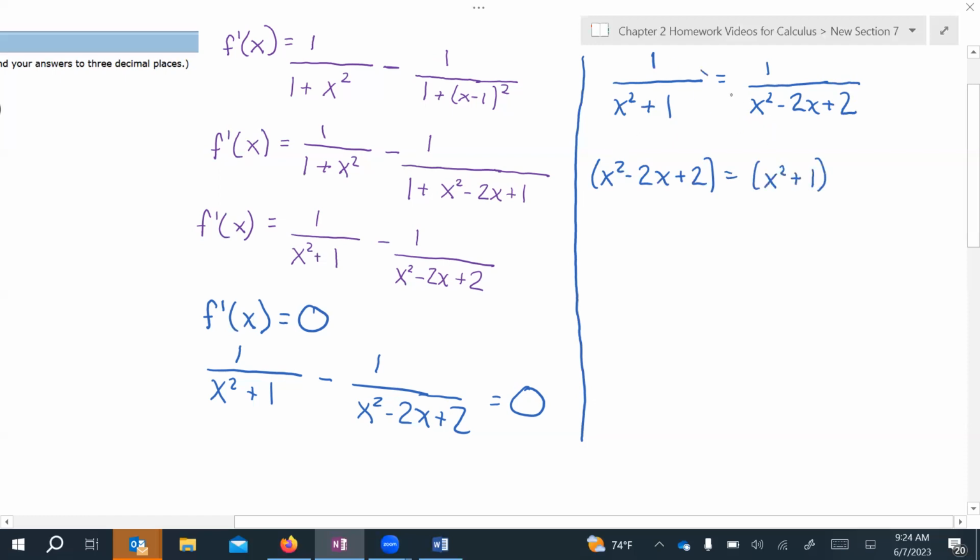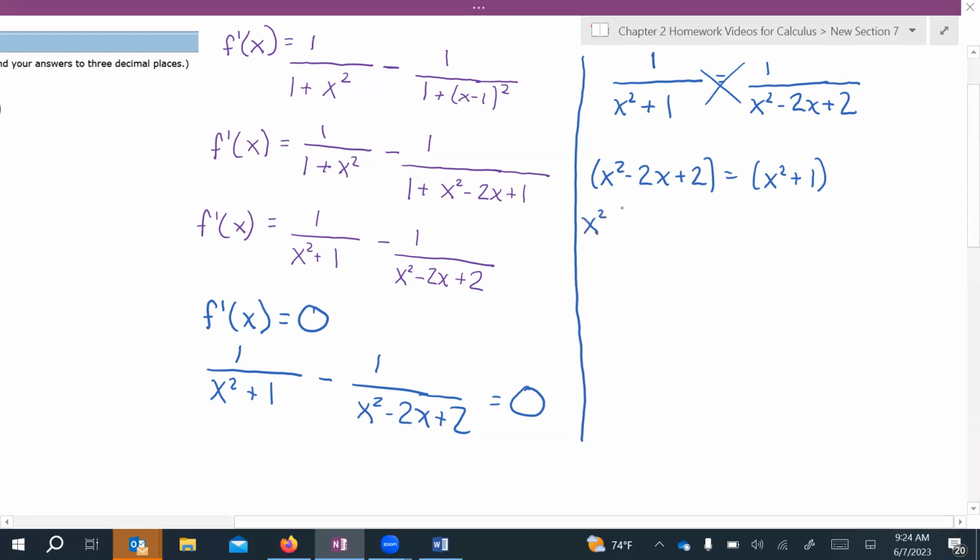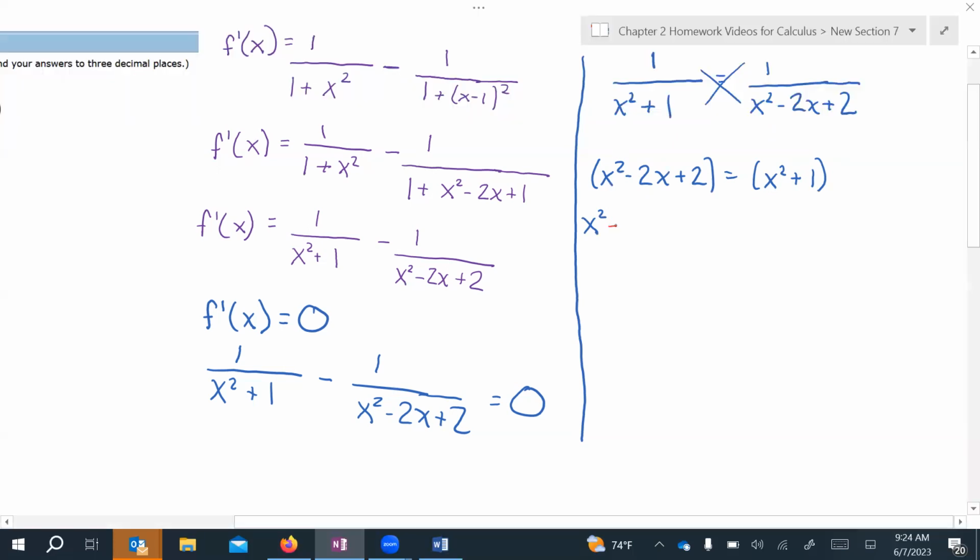From there, we can subtract x squared from both sides, and then also subtract 1 from both sides.